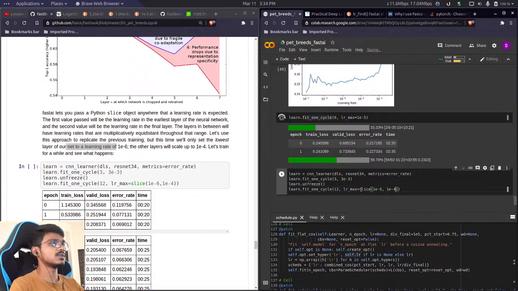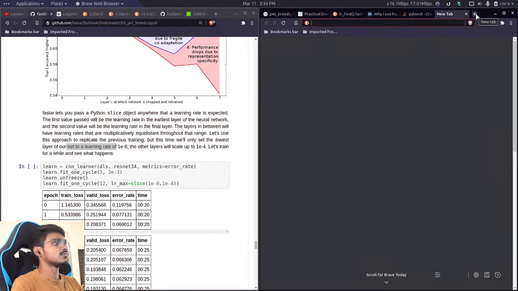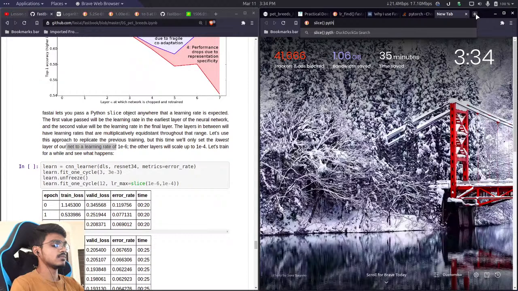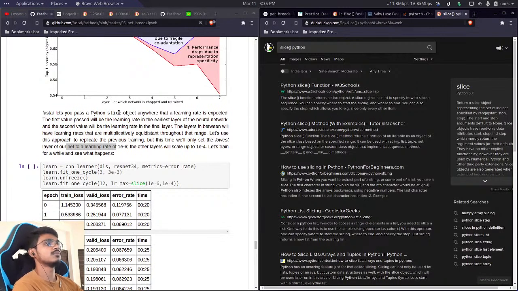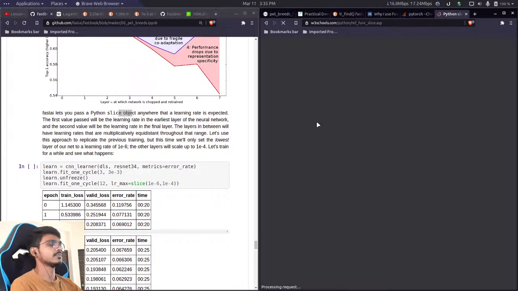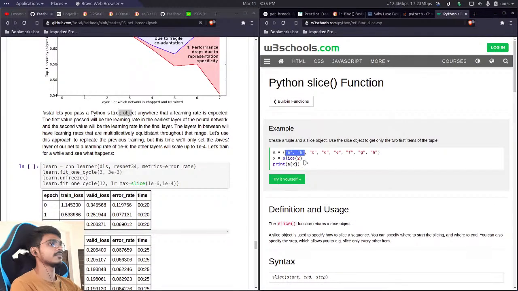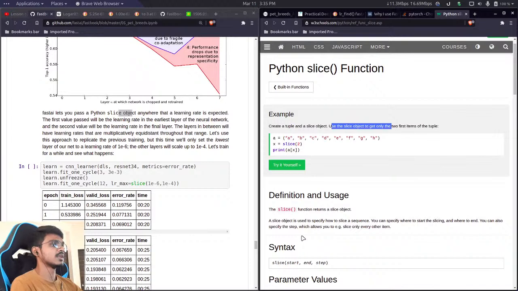What does this slice function do? The Python slice method returns a slice object.